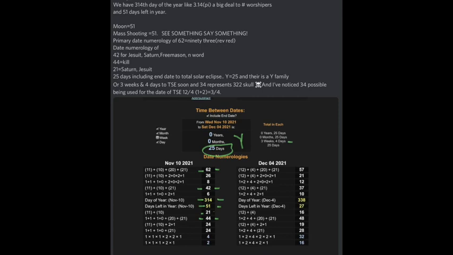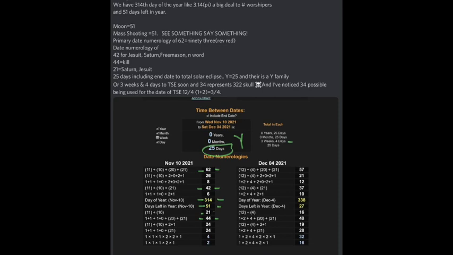Saturn and Jesuits are 21. Moon is 21 too. Just making sure I had that on the bottom. I'm reading up at the top, guys.